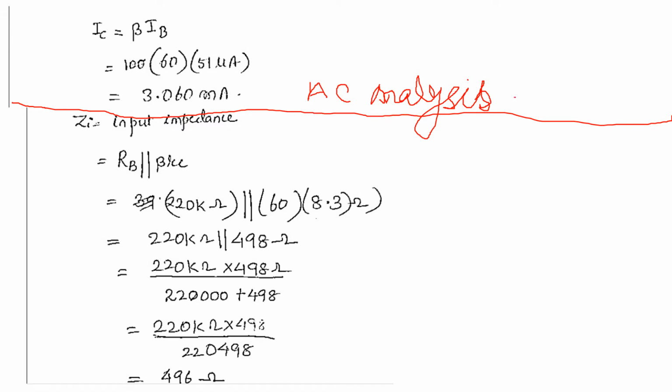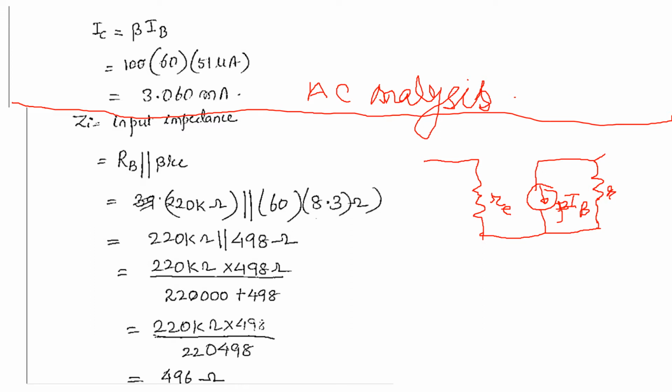So draw the AC equivalent circuit first. So RE, then beta IB, then comes your resistance R0, then comes your resistance RC.